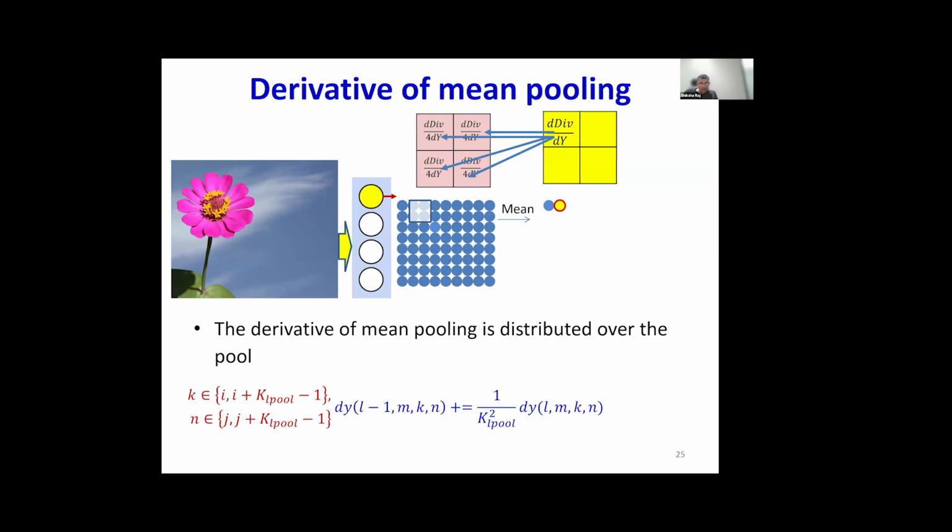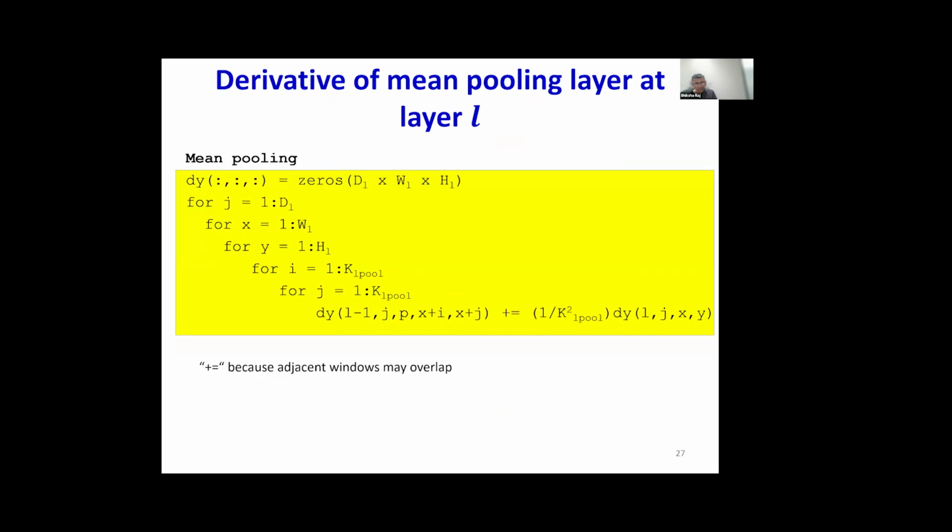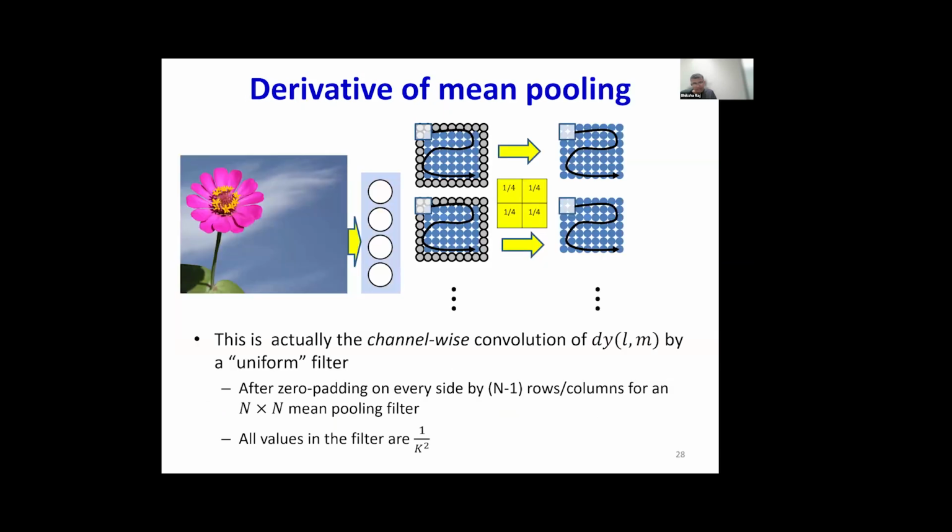What does this operation look like? Anyone? Upsampling? Not really. What happens is, so this was the mean operation going forward. This was the pseudocode for the back propagation for mean pooling.